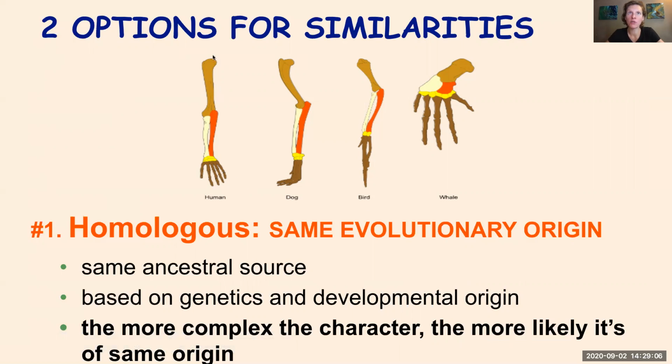It has the same structure: one big bone, then two bones, then a whole bunch of little bones, even into the whale. The whale is a mammal. It was a land-dwelling quadruped before its ancestor went to the ocean. So it did not evolve in the ocean, which is why it has a structure very different from other organisms that evolved in the ocean, say like the shark.